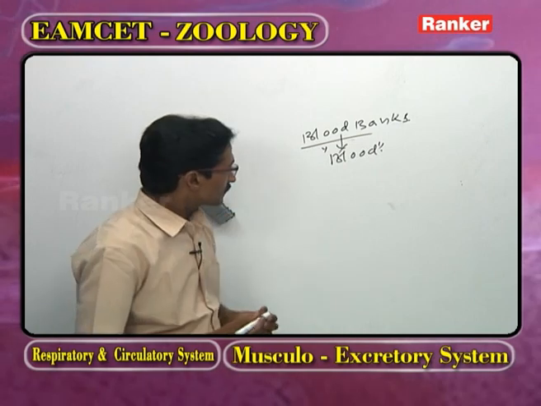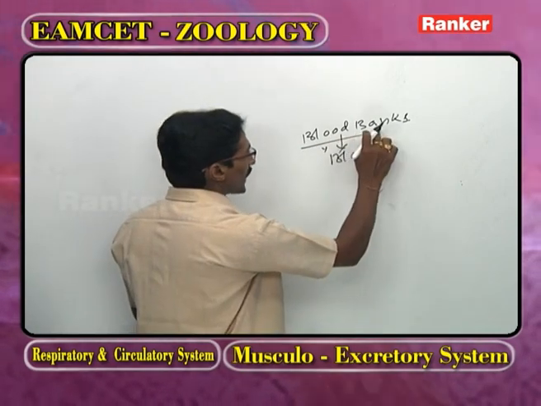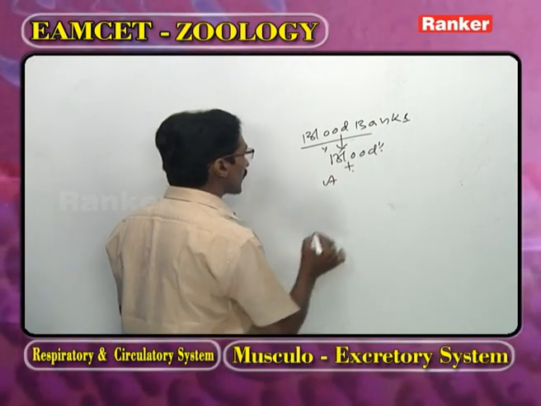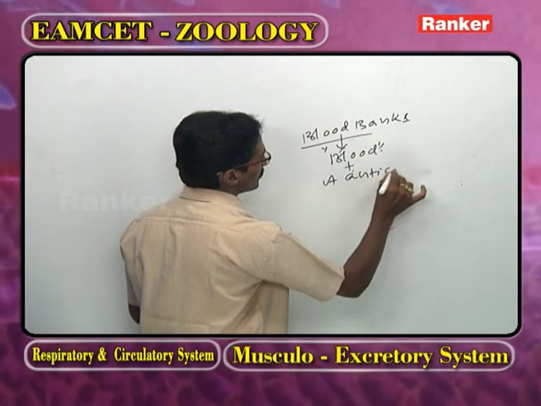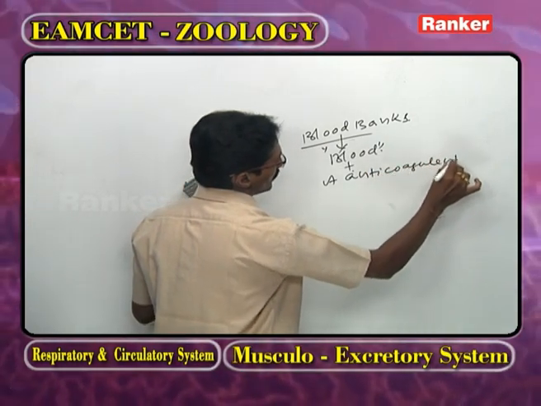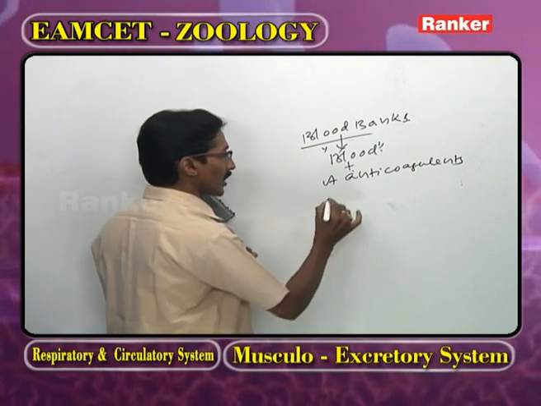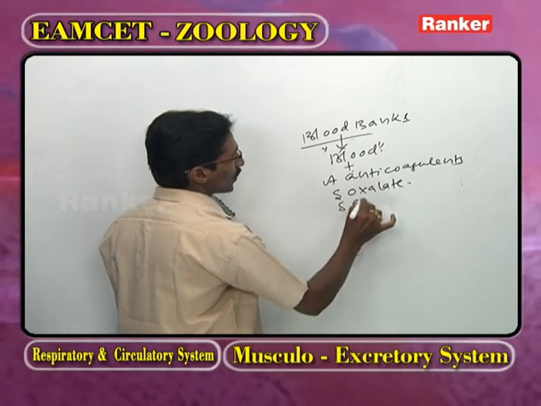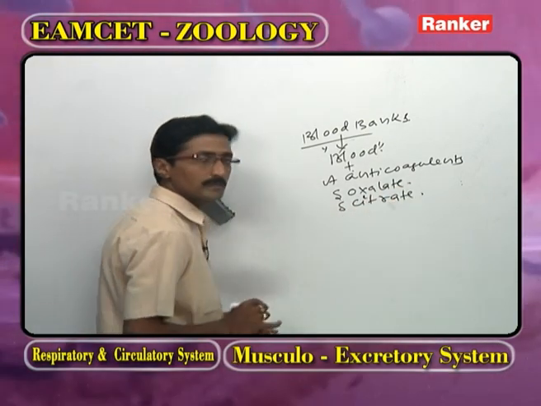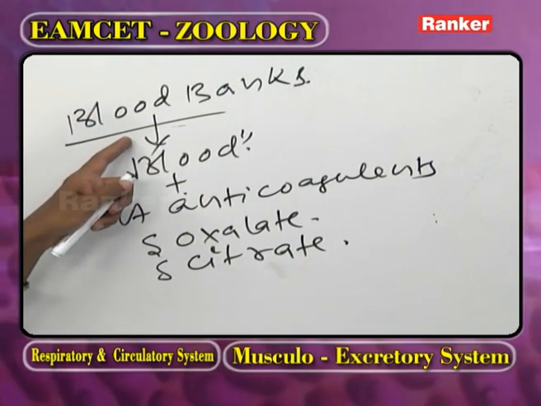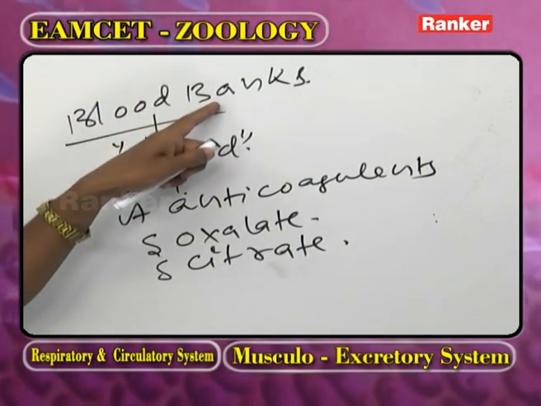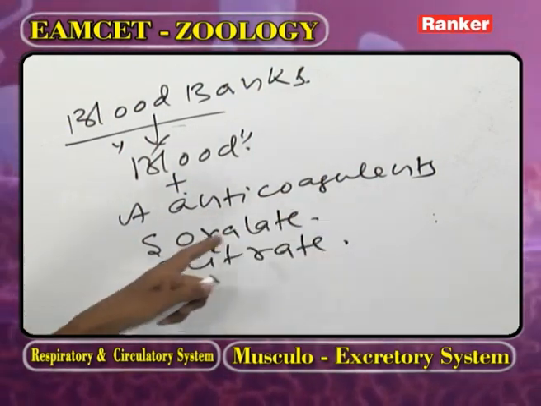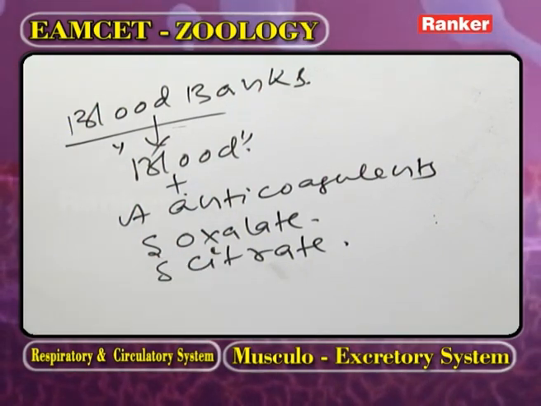How is it stored? In the blood banks, the blood is mixed with artificial anticoagulants. What are the artificial anticoagulants? Sodium oxalate and sodium citrate. In order to store the blood, it is mixed with these artificial anticoagulants, one is sodium oxalate, one is sodium citrate.